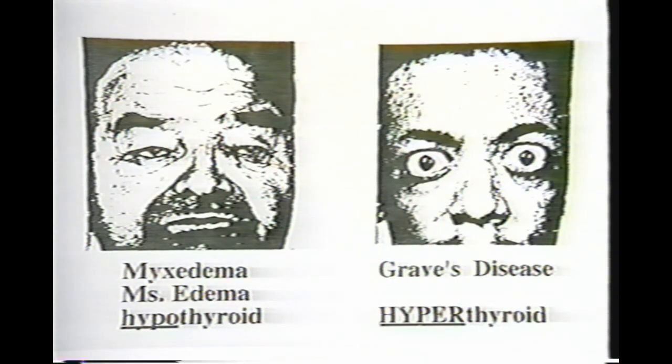And if you look on the other side of the picture, this man with Graves' disease or hyperthyroidism has buggy-out eyes. He has exophthalmos, and this is very characteristic of hyperthyroidism. It's quite easy to tell when you look at someone whether they're hypo or hyperthyroid.